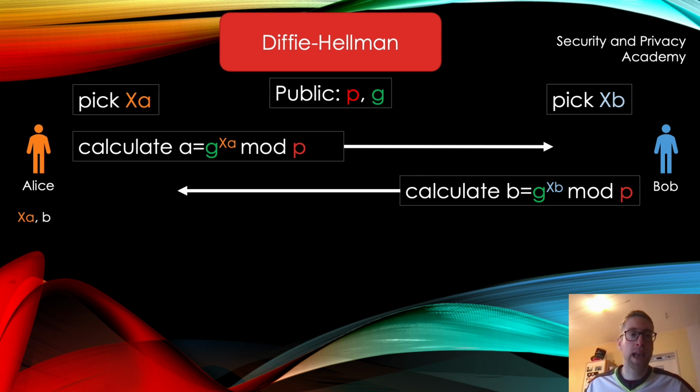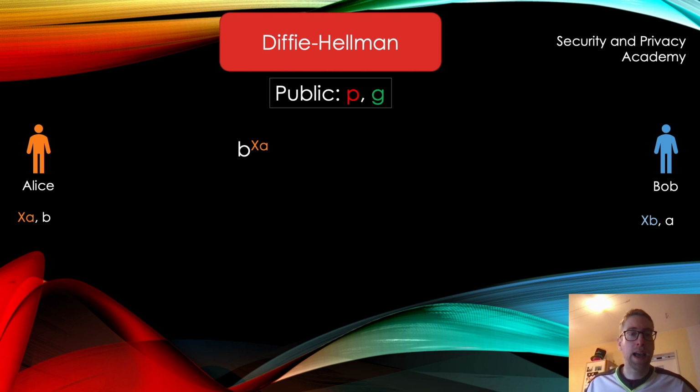Now, Alice knows XA, since she picked it, and B, which she got from Bob. Bob knows XB and A, of course. Now we have a very convenient property. Alice can now calculate B to the power of XA, because she knows both of these variables. She knows that B was calculated as G to the power of XB, which makes the whole term, of course, G to the power of XB to the power of XA.